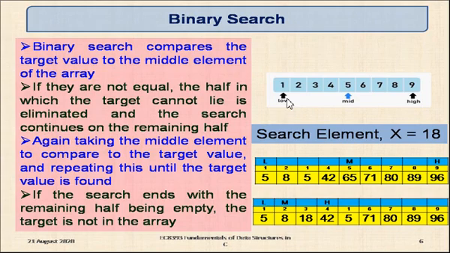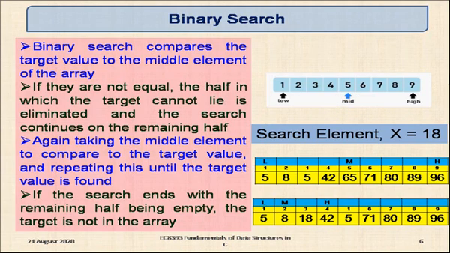I have to handle 3 pointers in the case of the binary search algorithm: pointer low L, pointer high H, pointer middle M. So what will happen if they are not equal, if the item to be searched is available to the left of the middle value? Then the pointer high H will be adjusted so that it will point to the element 4 in this case.